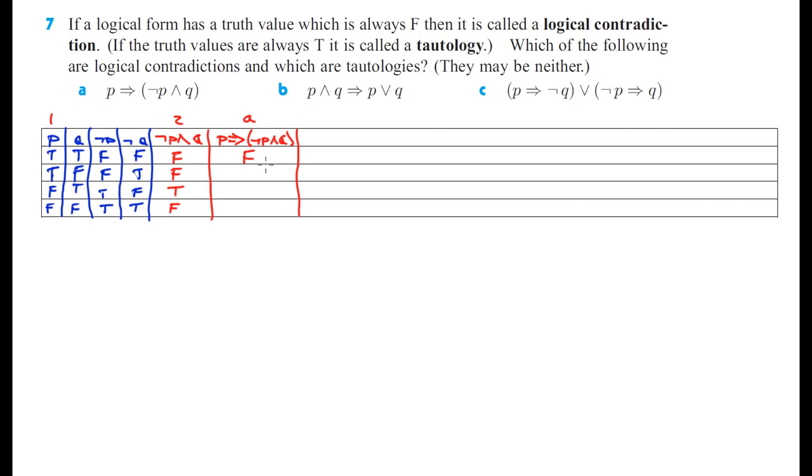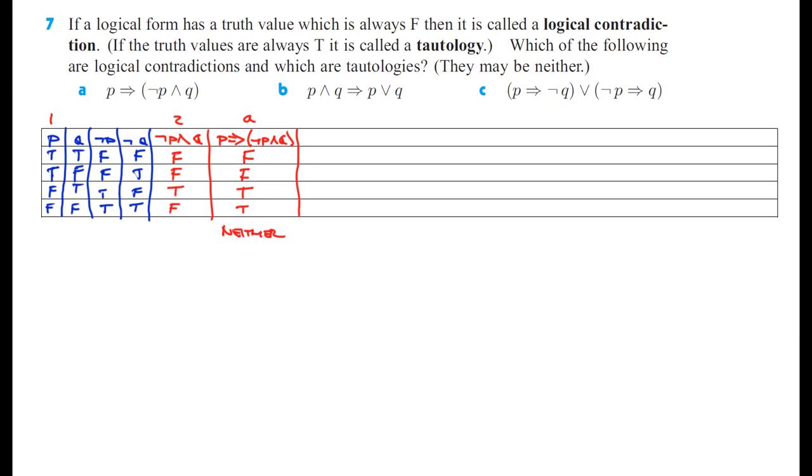That's our one case for false. If you don't have the ingredients, you have to assume that it's true. So false, false, true, true. This would be neither. It's neither a logical contradiction nor a tautology. Again, if they're all falses, logical contradiction. If they're all true, then that's a tautology.